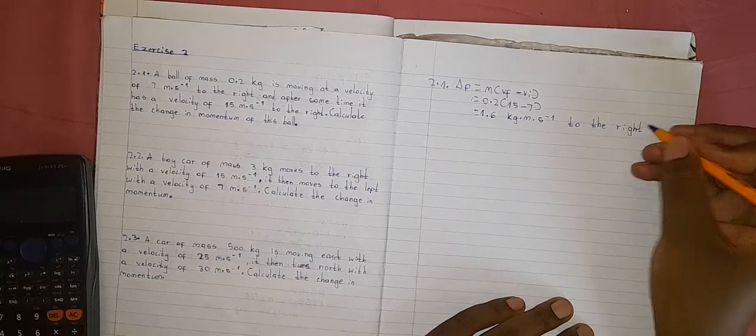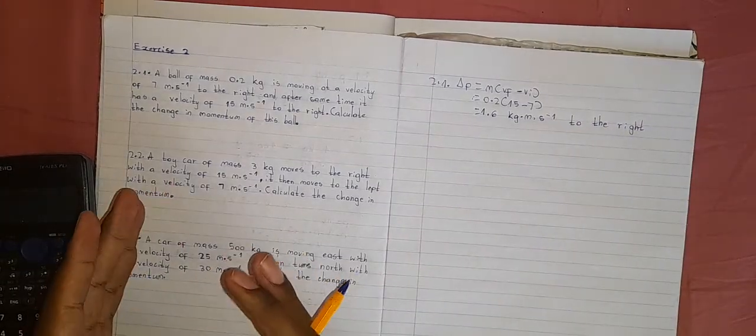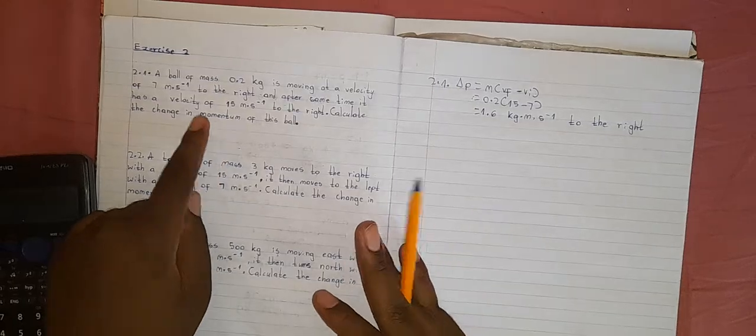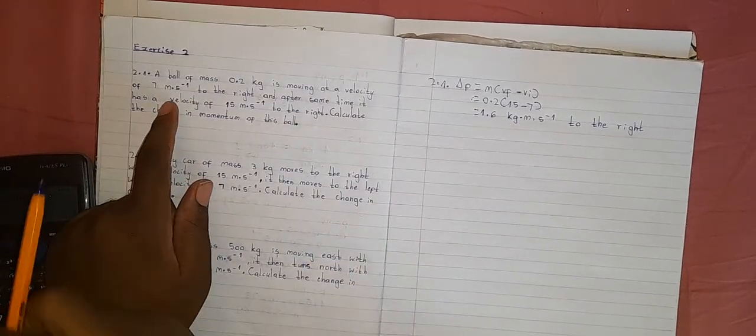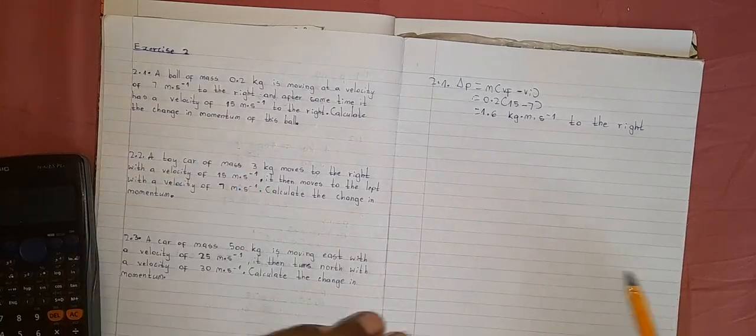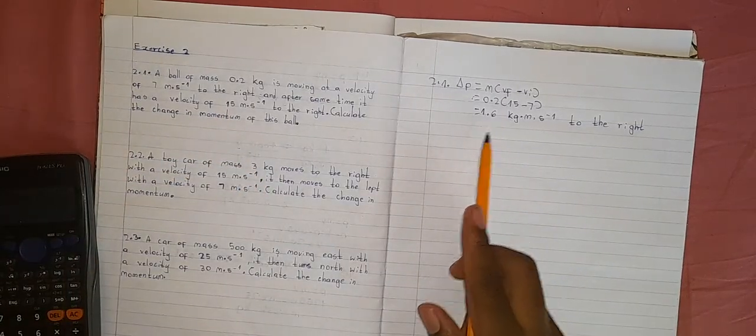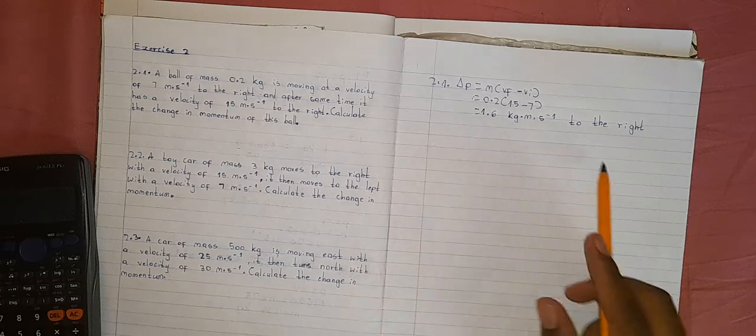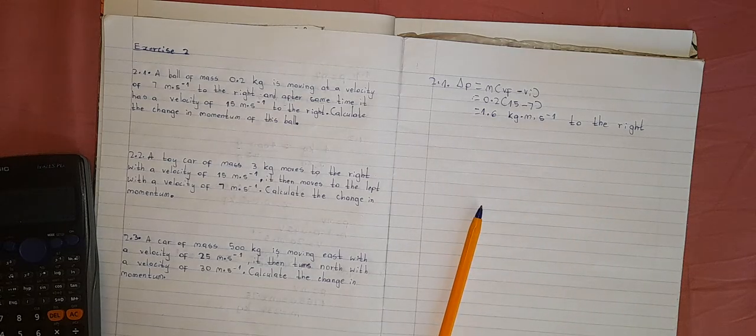So when the ball changes its velocity from 7 meters per second to 15 meters per second, it has a change of momentum of 1.6 kg per meter per second. So that is how you answer number 1.